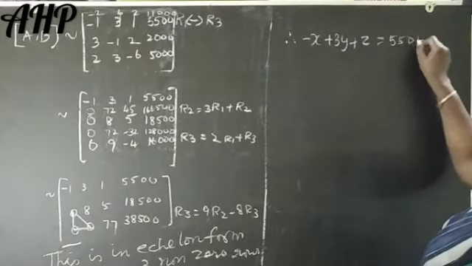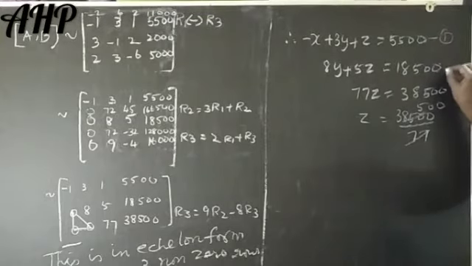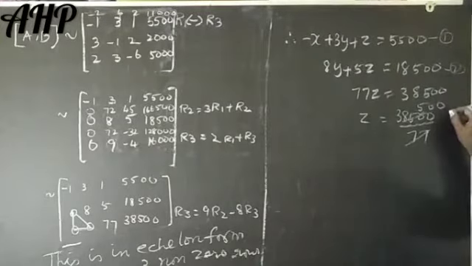So from this, z is equal to 38,500 divided by 77, which is 500. Substituting z equal to 500. This is equation 1, this is equation 2, this is equation 3.